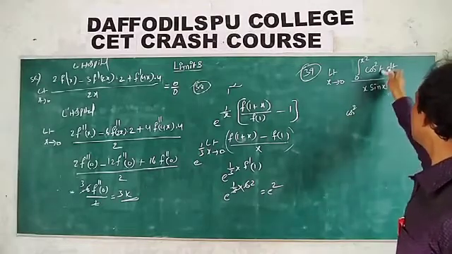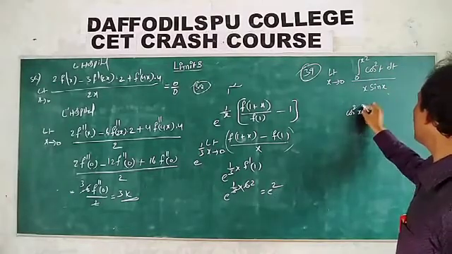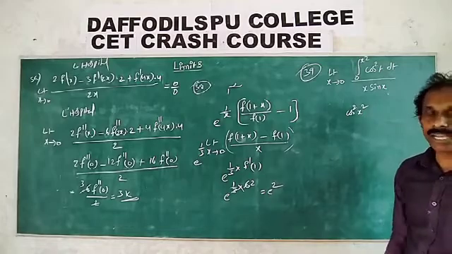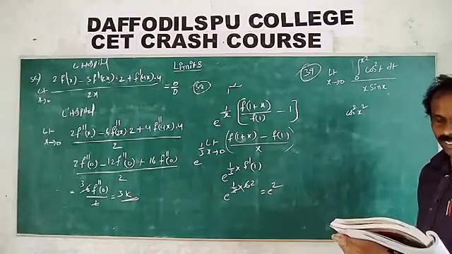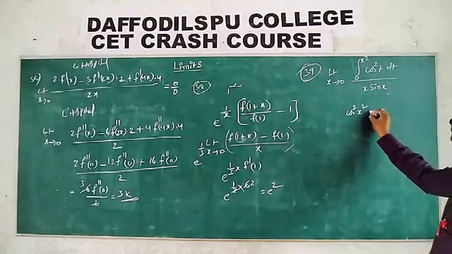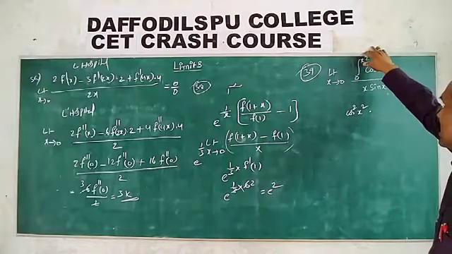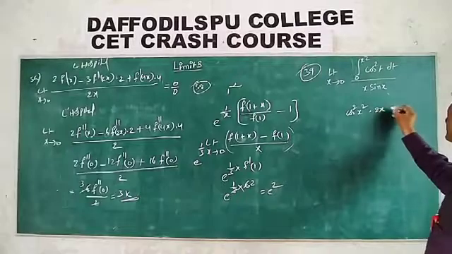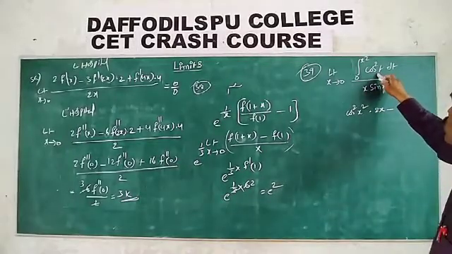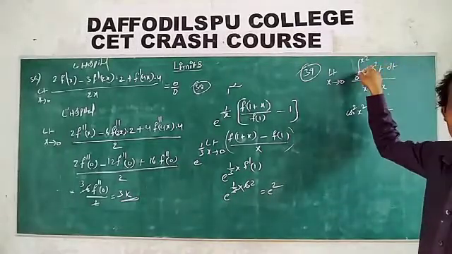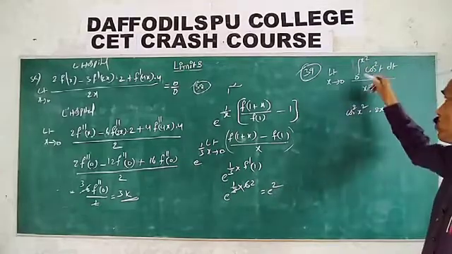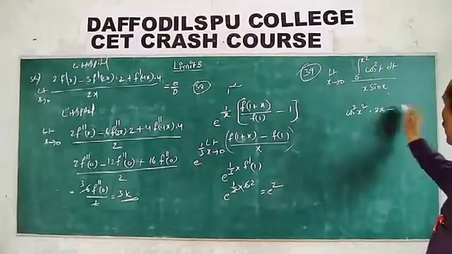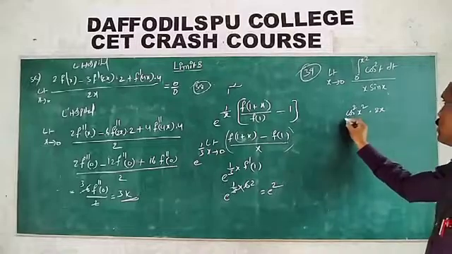Cos square t, so x square, cos square x square given, right? Cos square x square into g dash x, that means 2x, minus cos square 0, value 1, into 0, divided by 0. It is not possible, not necessary, take that one.